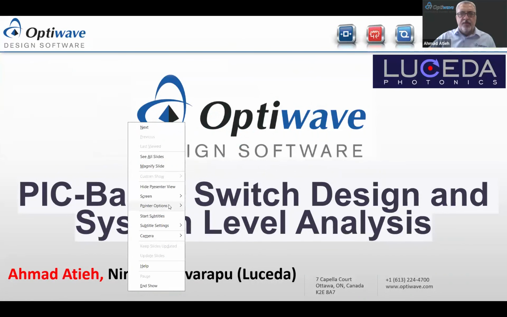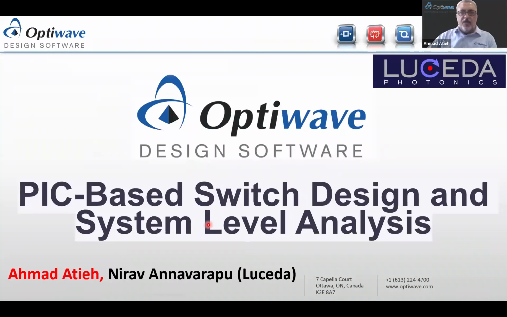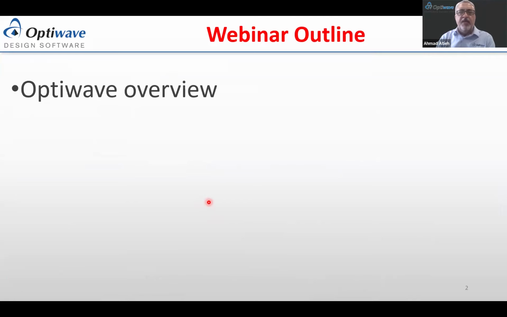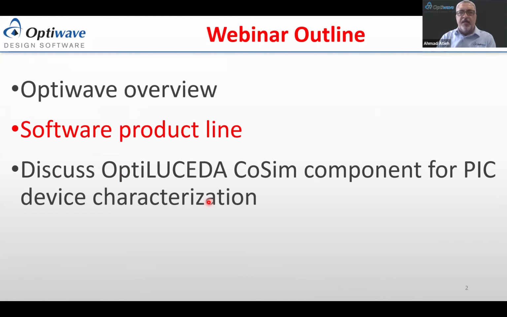Okay, so again, it's just continuing on what Nirav was giving on the demonstration for this cross-connect switches. I'm going to give some overview before on Optiwave and show you the product line, as well as discuss the black box component, which Greg was mentioning, which we call the Luceda simulation component, which you plug into it any PIC circuit, and then eventually analyze it in a system.